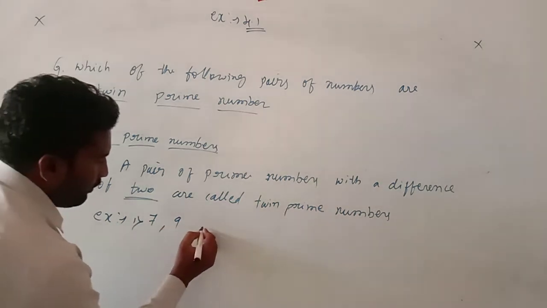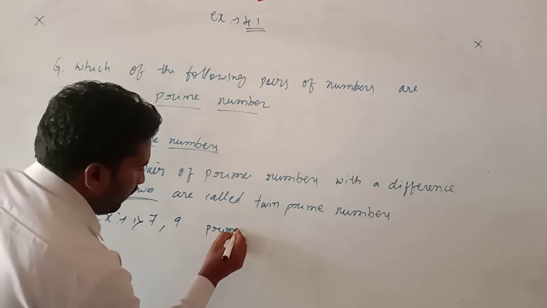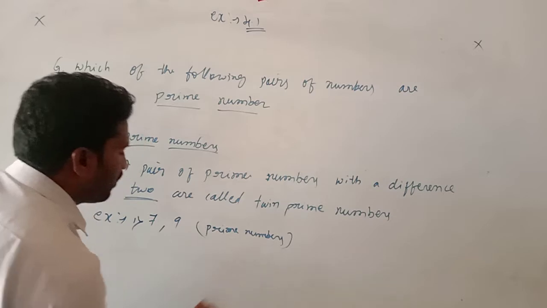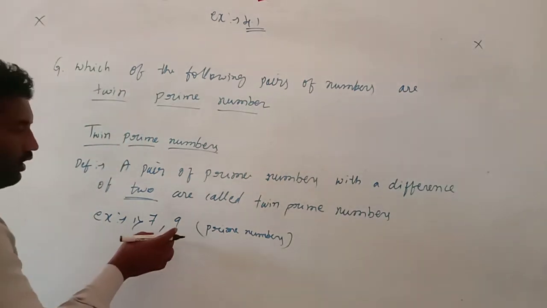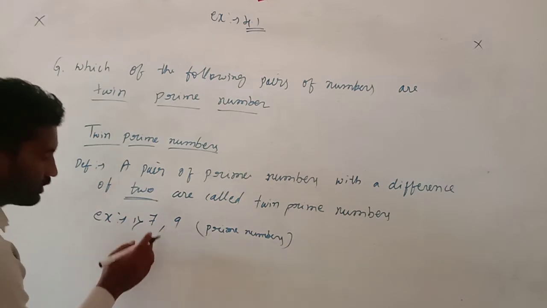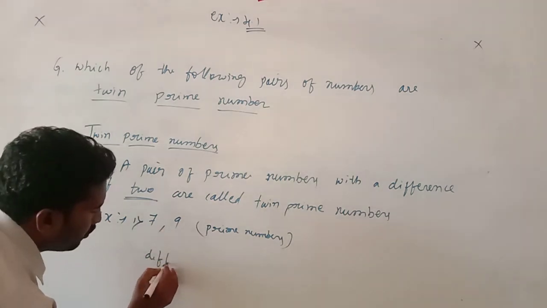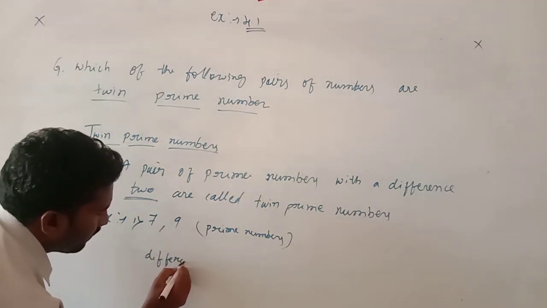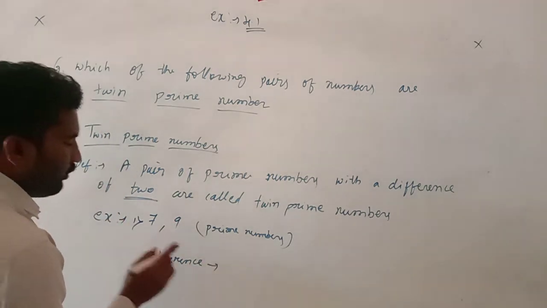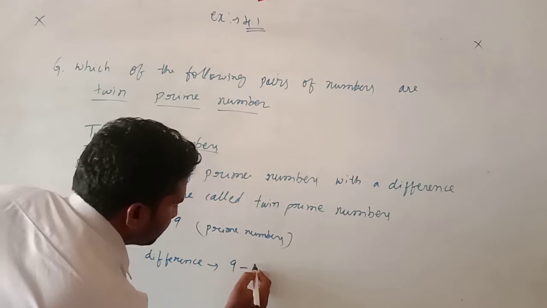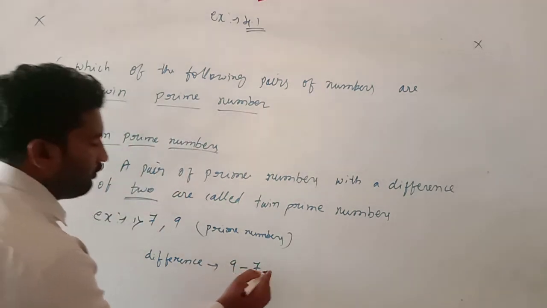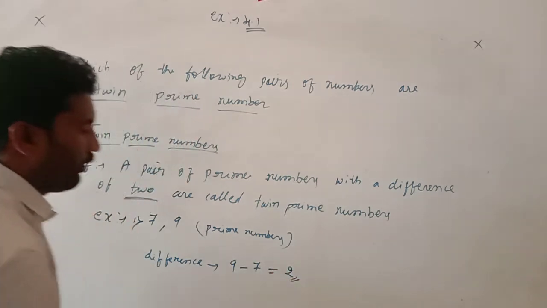When subtracting 7 from 9, we get a difference of 2.